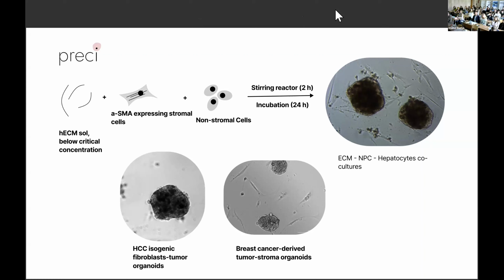Tumor-associated ECM is characterized by higher stiffness as compared to the normal. Can you model this stiff ECM?